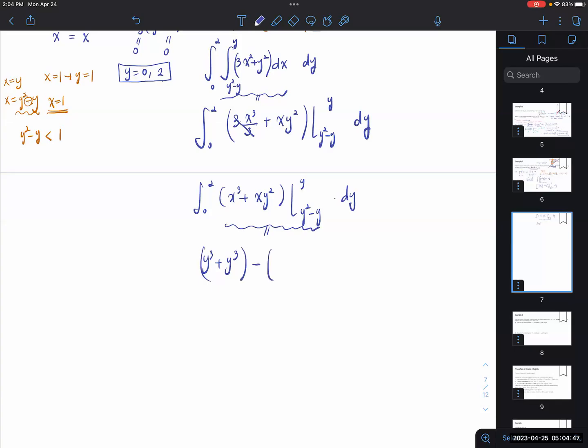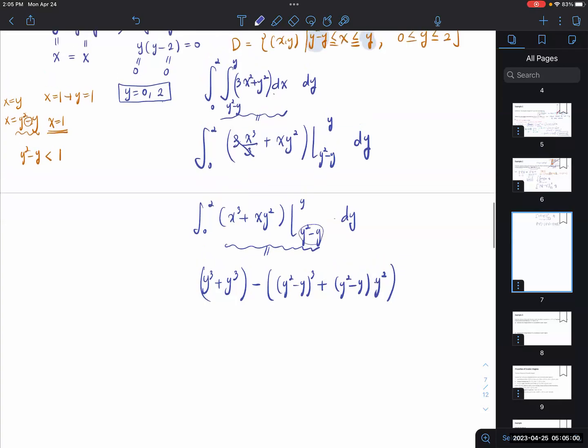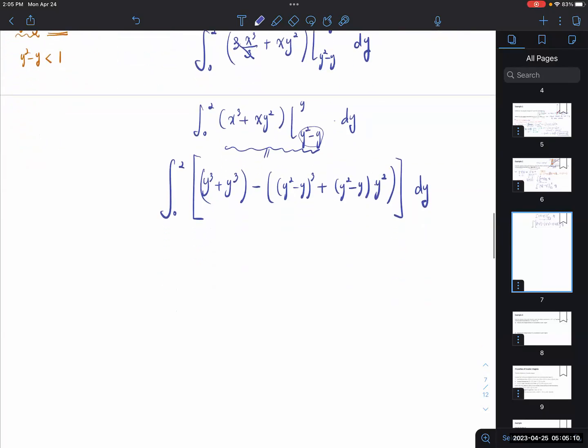Minus what? y squared minus y cubed, y squared minus y times y squared, because I'm literally plugging this information into x. We are taking the integral with the dx. So this is something you're going to simplify, and we still have dy at the end. Okay, and then let's finish.